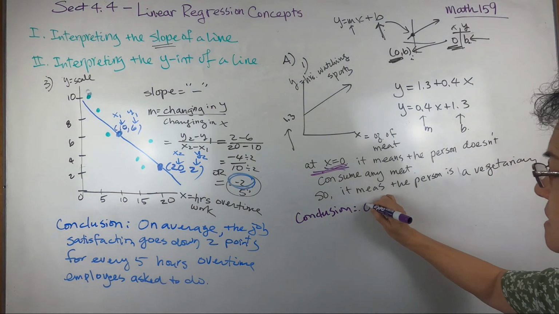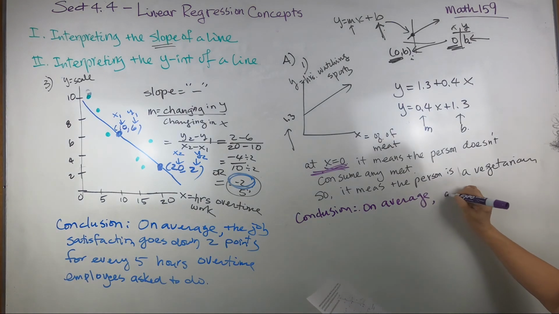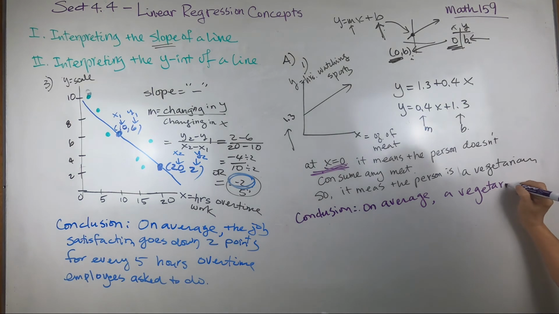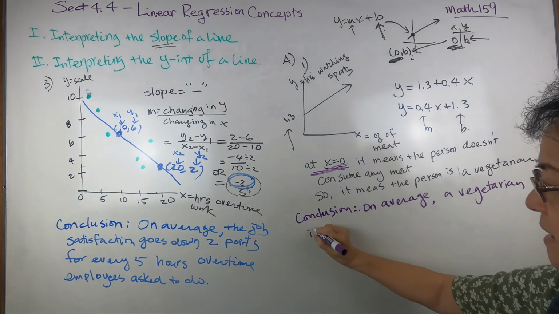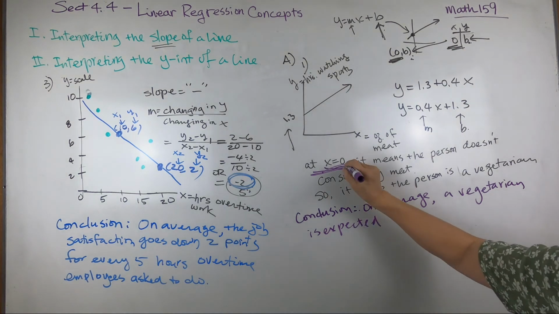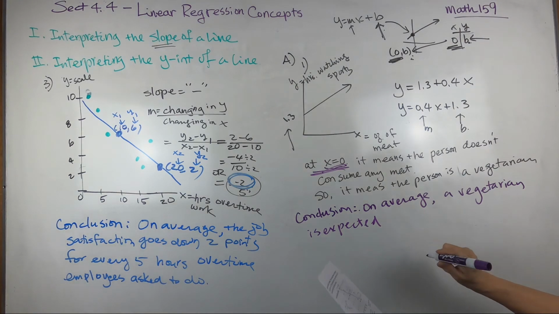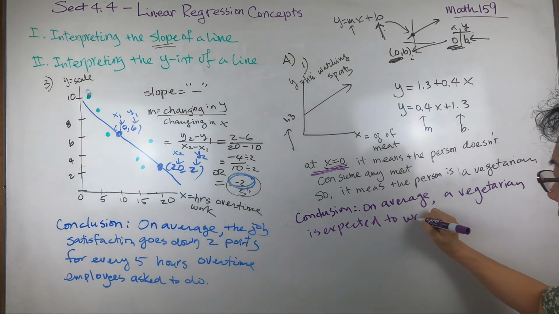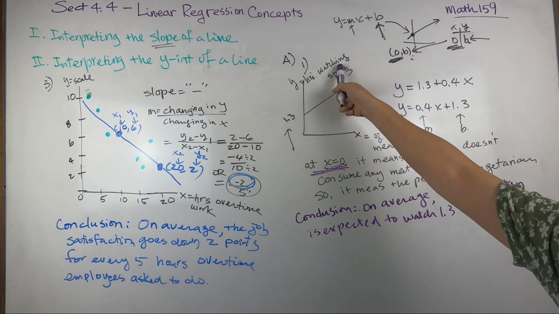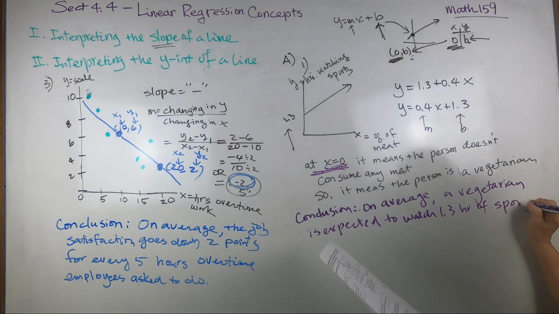So the conclusion is this. On average, we're still talking about average, okay? The vegetarian is expected to, because x is 0, then y is 1.3. Then a vegetarian is expected to watch how many hours? 1.3 hours, right? Watching sport each week.